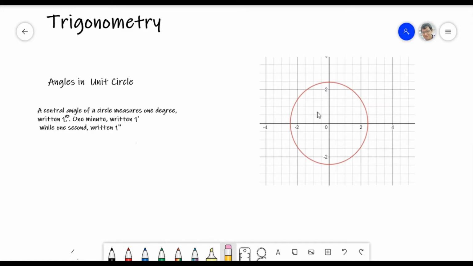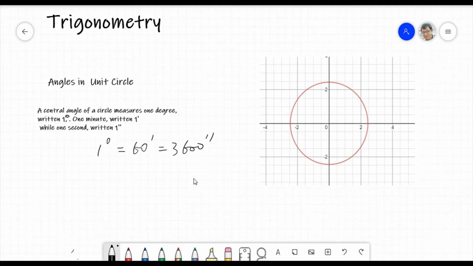It's 60 over 1, so it becomes smaller and smaller. So as an example, we write simply 1 degree equals 60 minutes equals 3600 seconds. So we can write it this way.